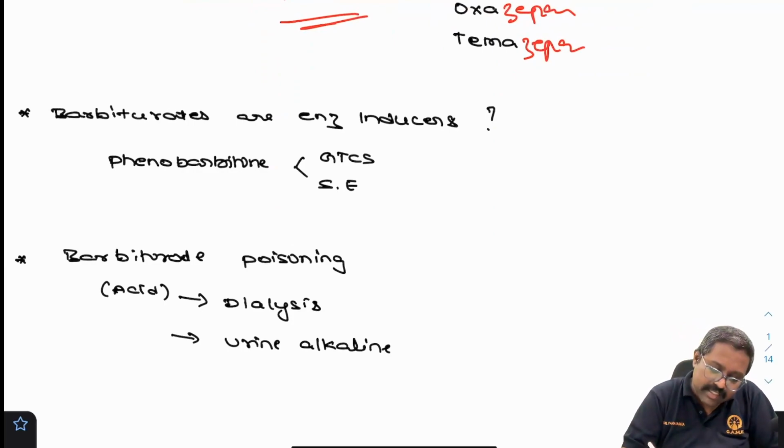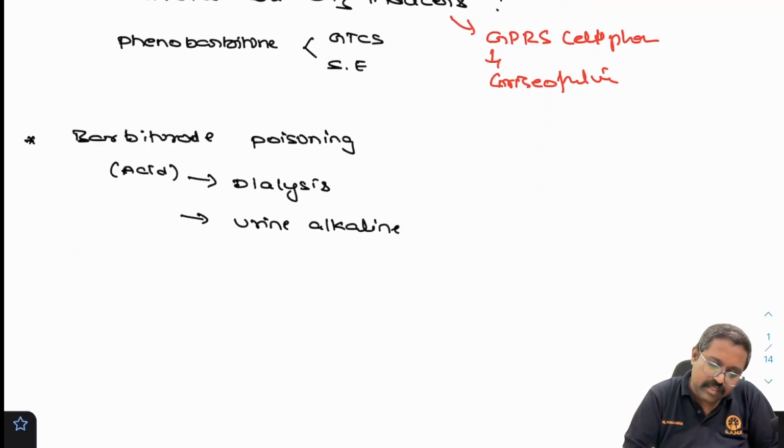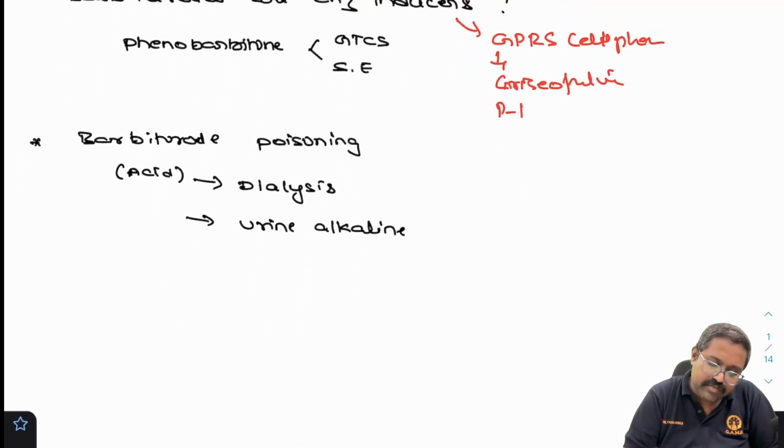How to remember the enzyme inducers? As we have GPRS, cell phone. So G stands for griseofulvin. P stands for phenytoin.